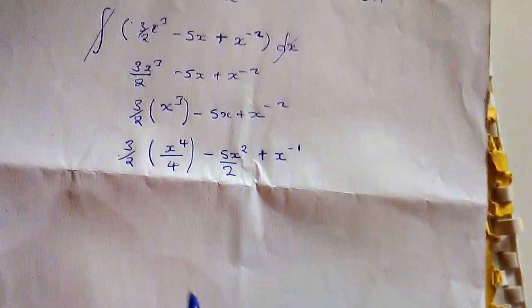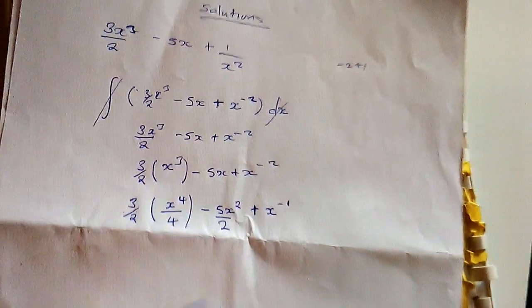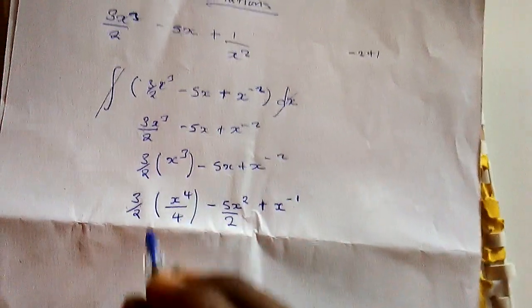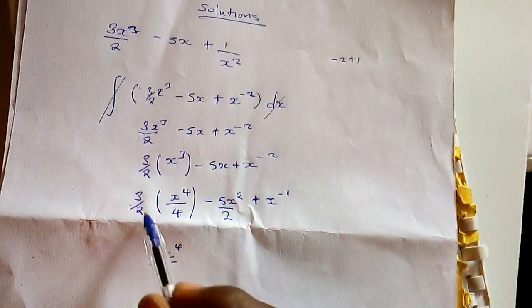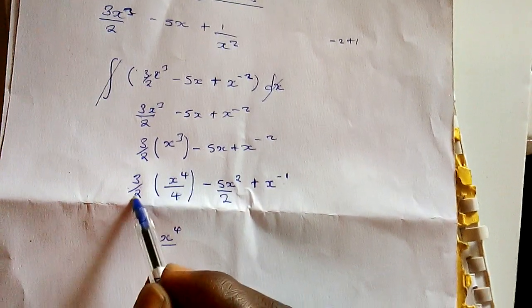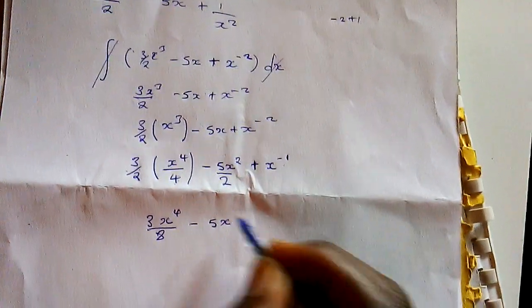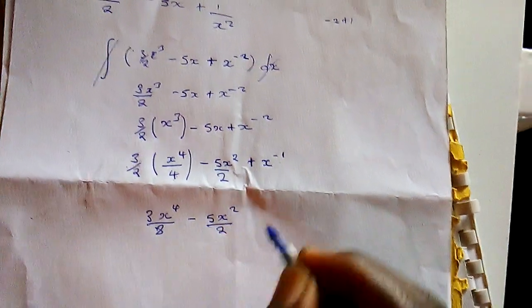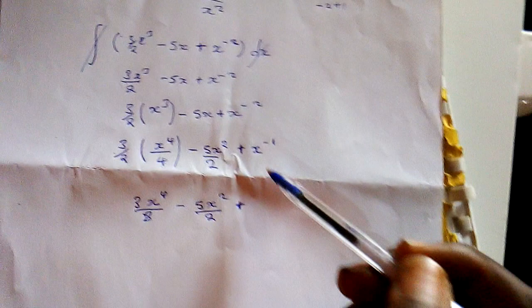So having done that, what is remaining? I'm going to multiply now. I'm going to remain with 3x to the power 4 over, there is multiplication, so this will multiply with the 4, giving 8 down there, minus 5x to the power 2 over 2 plus, then what do we have here?